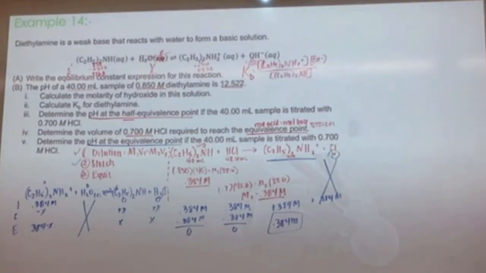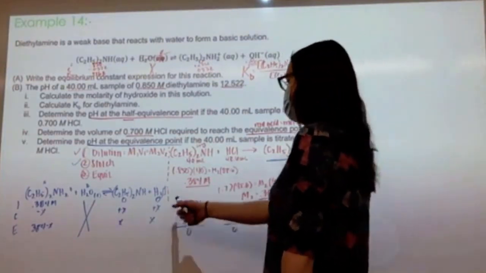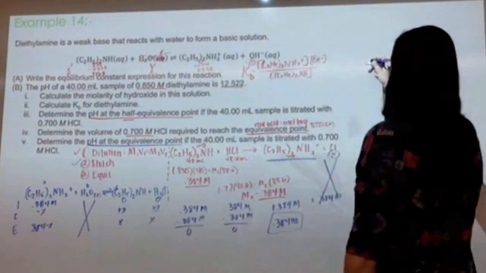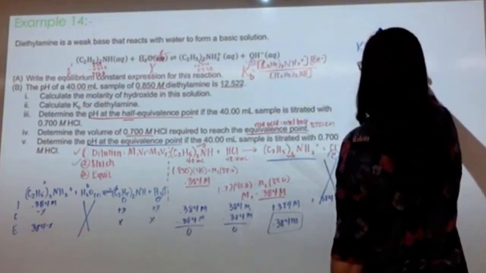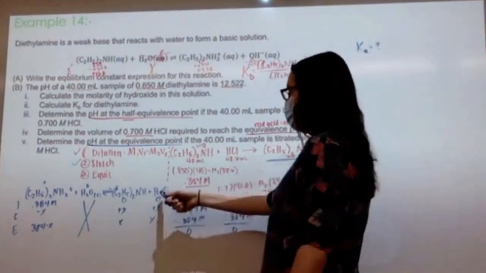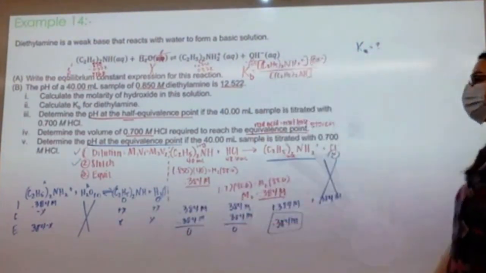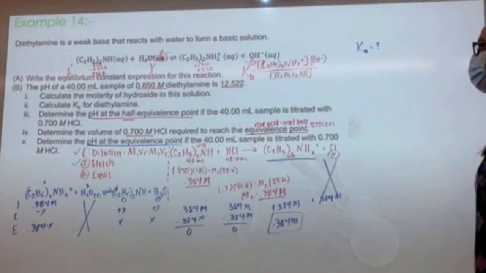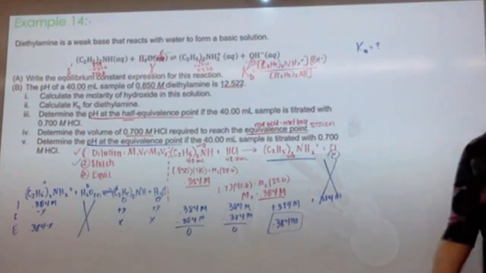Now, if this produces H3O plus over here, what K would we need? Ka. If this produces H3O plus or H plus, that means it's an acid, so we would need Ka. Well, if I look back at the problem, we were not given Ka.